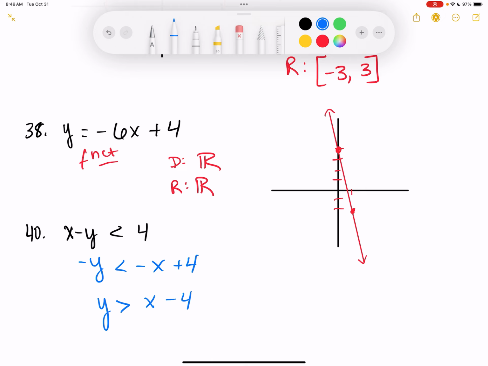So, is this a function? What does a graph of an inequality look like? What happens when we graph an inequality normally? We graph the line and then what?